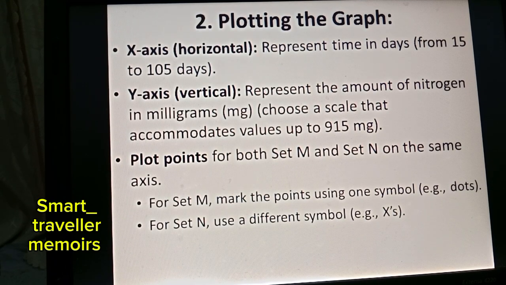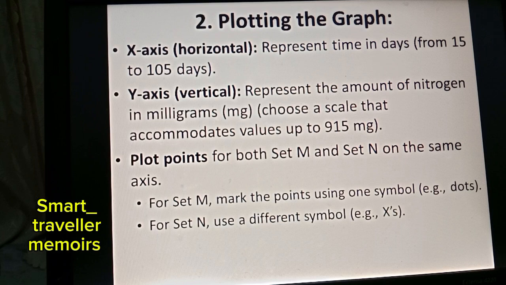Step number 2, plotting the graph. The x-axis is horizontal and represents time in days from 15 to 105 days. The y-axis is vertical and represents the amount of nitrogen in milligrams. Choose a scale that accommodates values up to 915 milligrams.